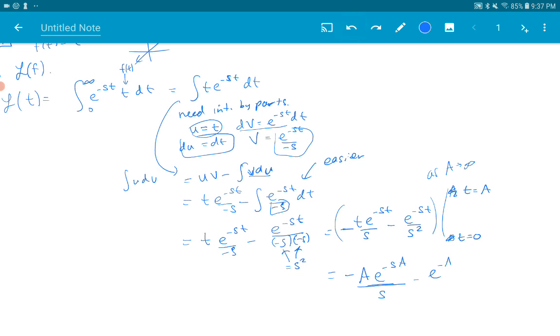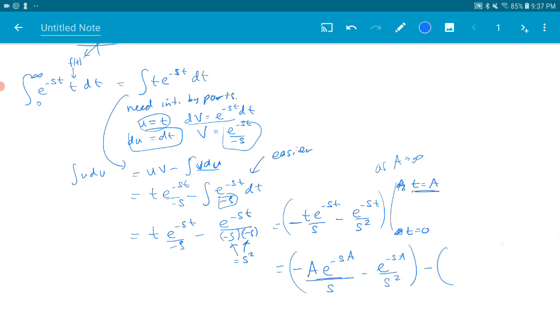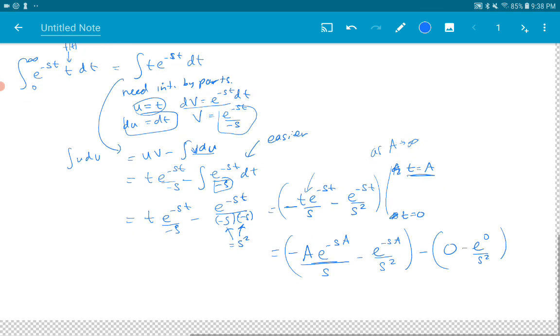That should say negative sa, I'm replacing t with a, over s squared. So that whole expression minus, now I plug in 0 for t. If I plug in 0 for t right there, I just get a 0 for that whole first term, and then minus e to the 0 over s squared.